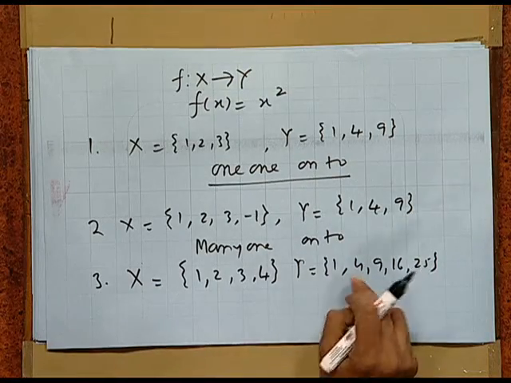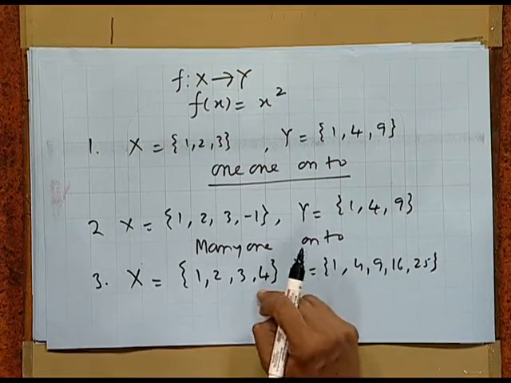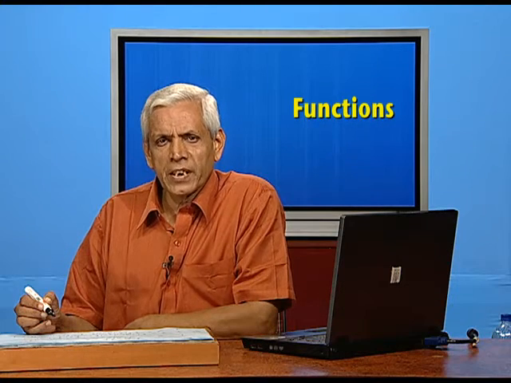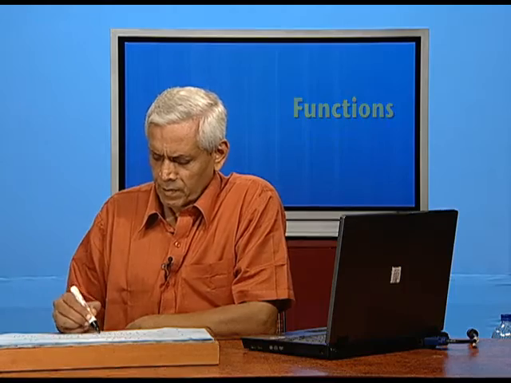So, it is certainly a function. Next question, is it 1-1 or many-one? Here the image of 1 is 1, image of 2 is 4, image of 3 is 9, image of 4 is 16. There is no common image, so it is a case of a 1-1 function.